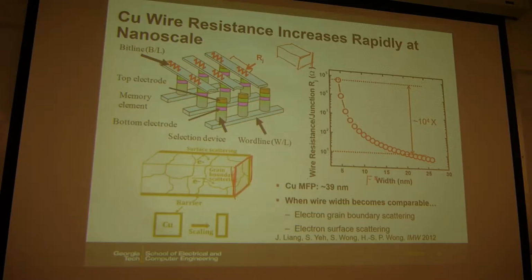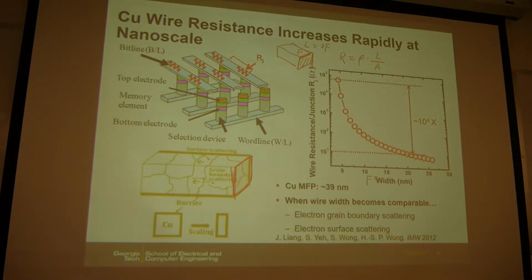R equals resistivity times L divided by the area. L for one segment in the cross-point array is 2F from cell to cell, and the width is F.